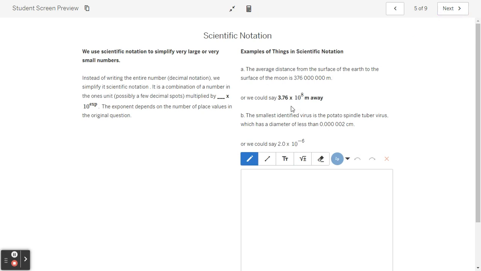Now, inside scientific notation, we have a number that's significant to us, usually one digit in the ones unit, and then a decimal with several numbers times 10 to some sort of power.